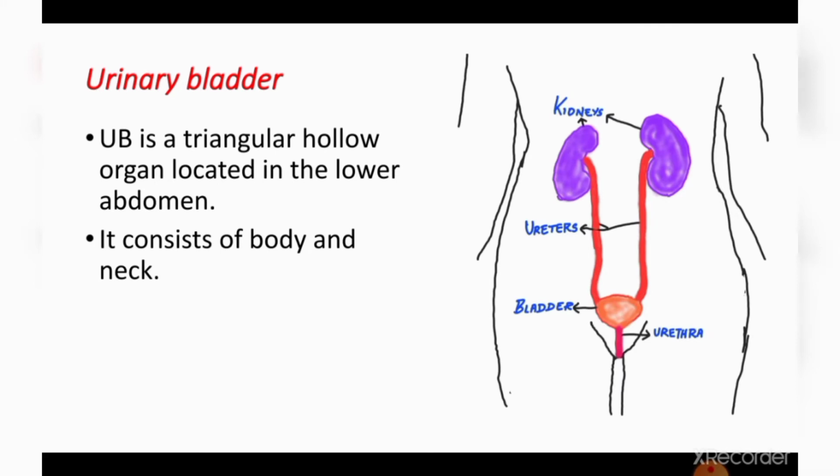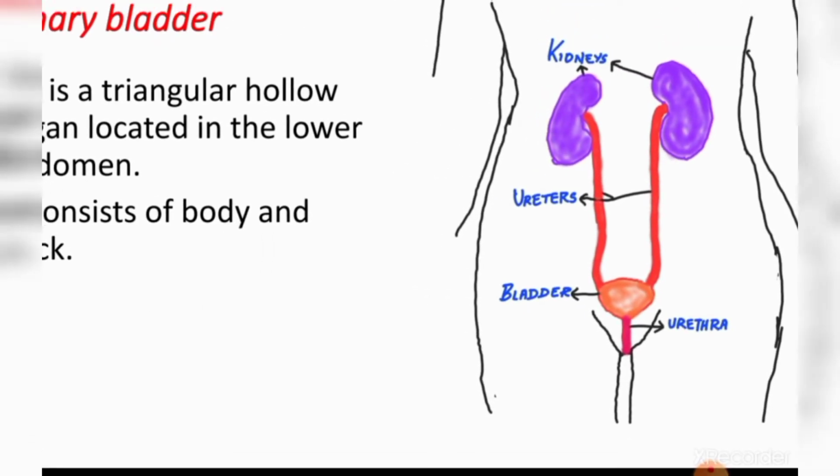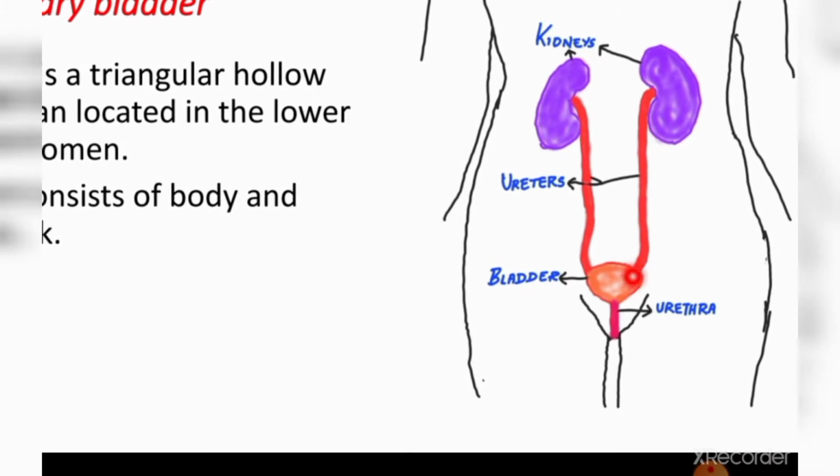The urinary bladder is a triangular hollow organ located in the lower abdomen. It consists of a body and a neck. Near the neck region of the urinary bladder lies the urethra. The upper part of the urinary bladder has tube-like structures called ureters, which connect the urinary bladder to the kidneys.